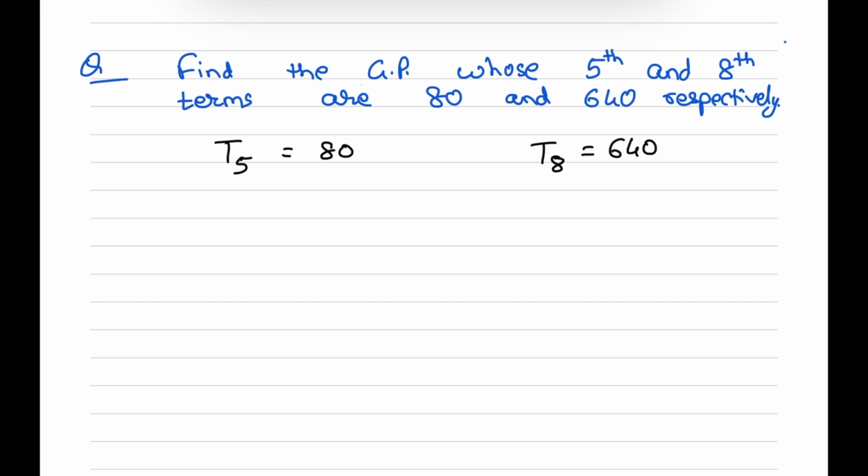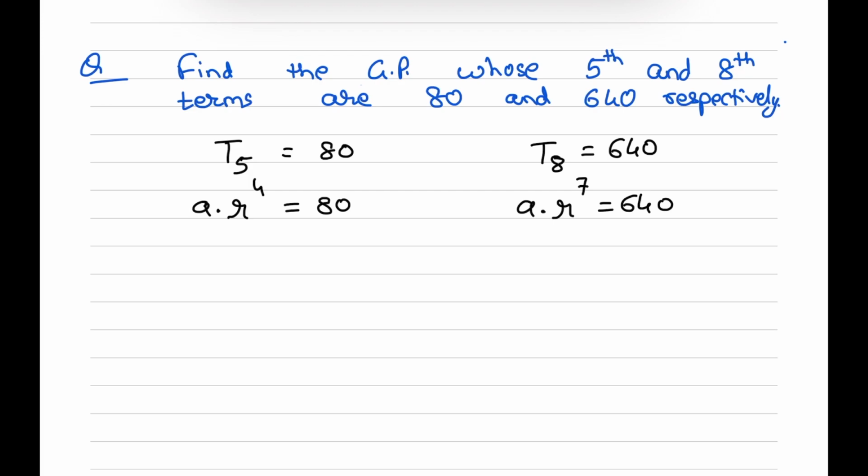Using the formula for the general term of a geometric progression, what will be the fifth term formula? That will be a times r raised to 4, which is 80, and the formula for the eighth term will be a times r raised to 7, which is 640.